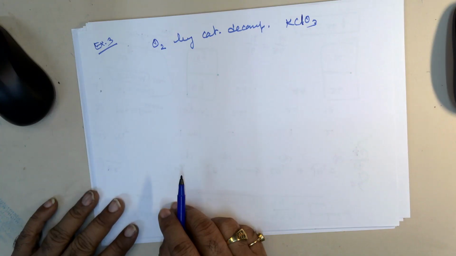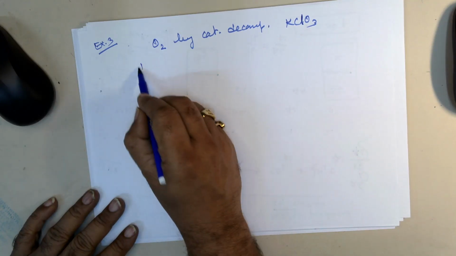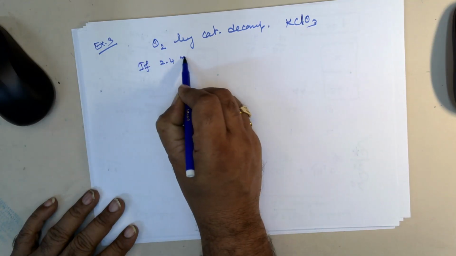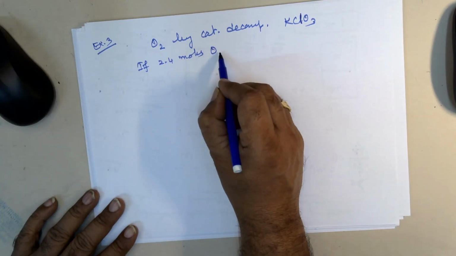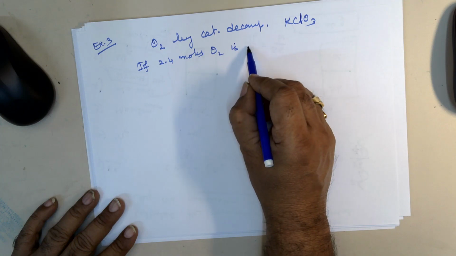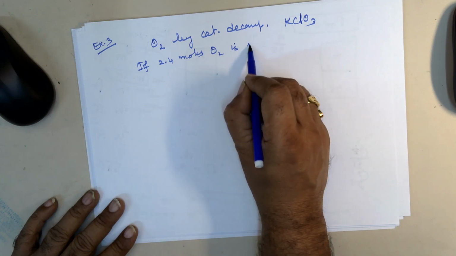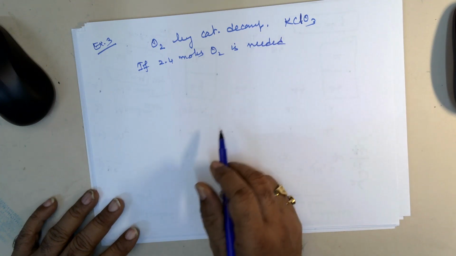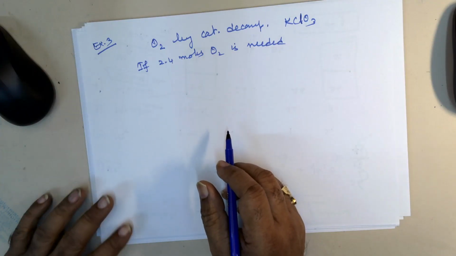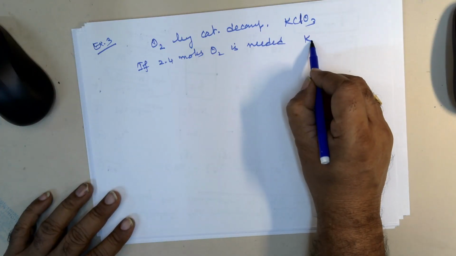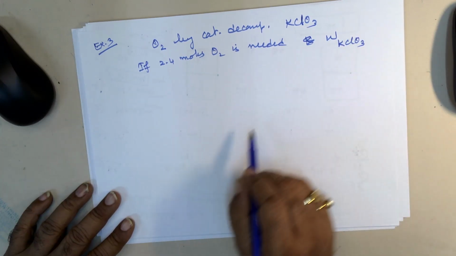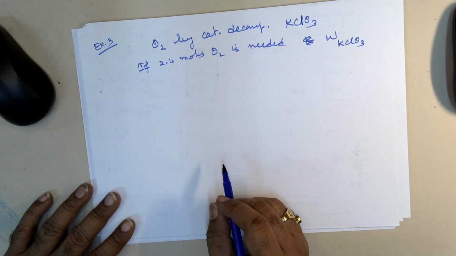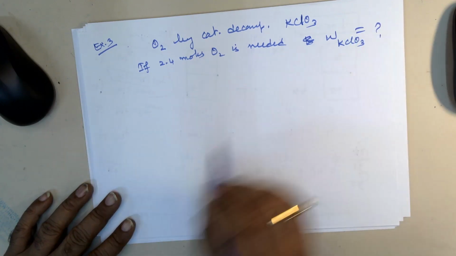If 2.4 moles of oxygen is needed, how many grams of potassium chlorate must be decomposed? Do you understand this concept?